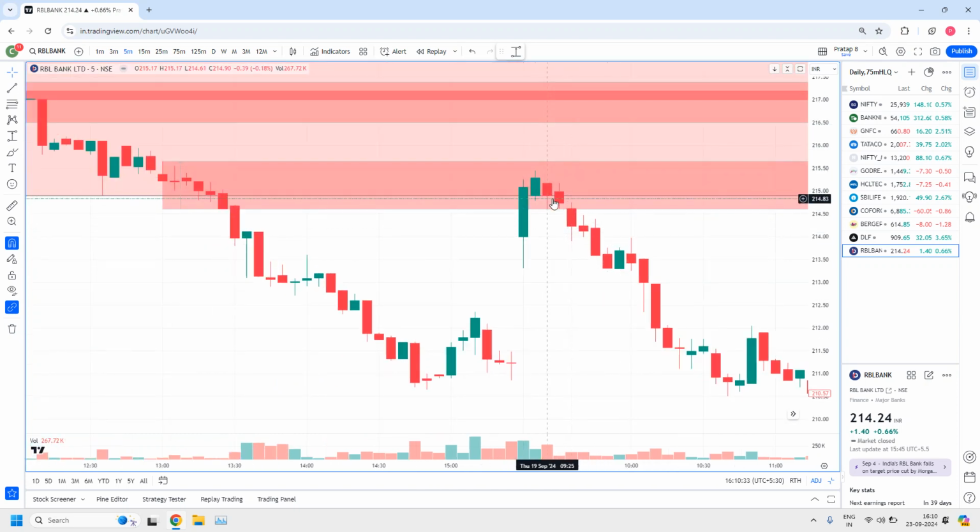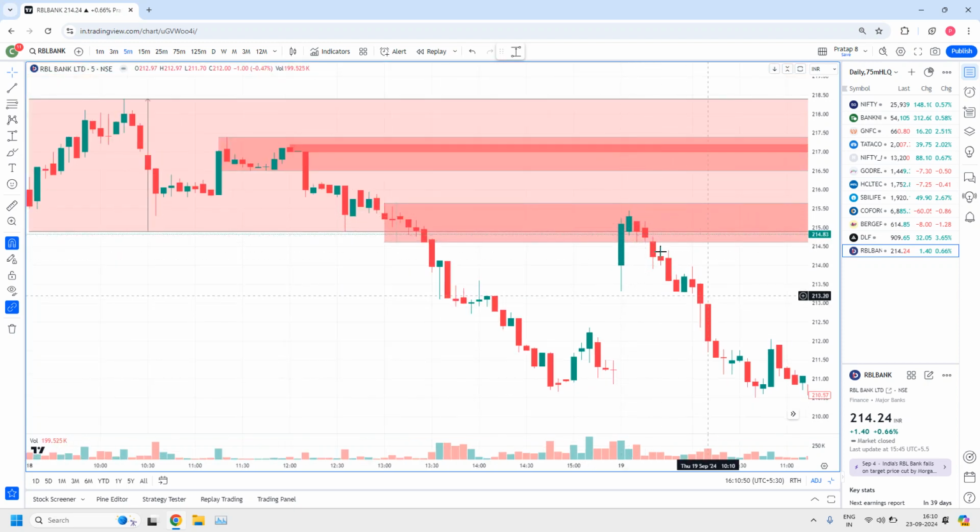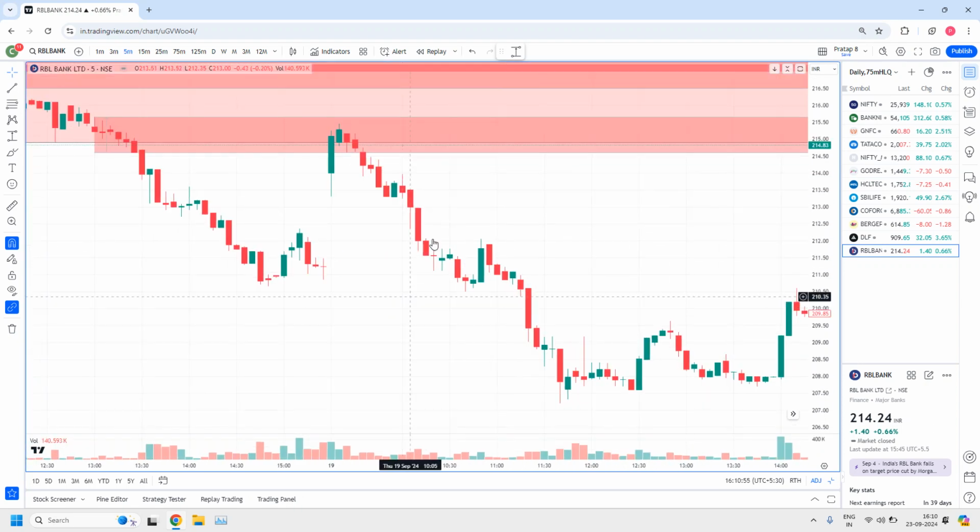And moreover prices here came out of the zone. In case you want to consider leg out, you need to compromise. Okay, this is a drop base drop. This one you can consider. But this is outside the zone. But not here. Not really comfortable here. That's why I didn't fine tune.